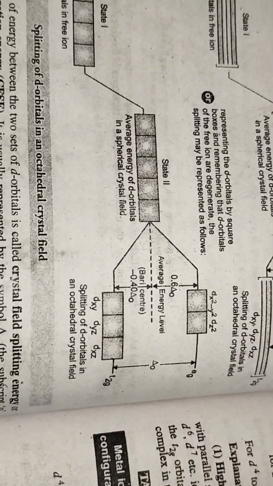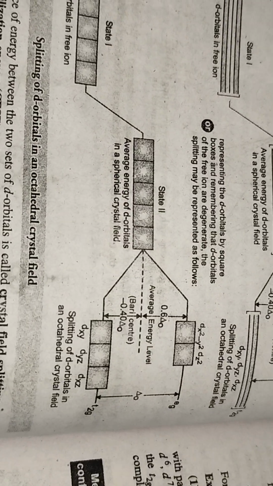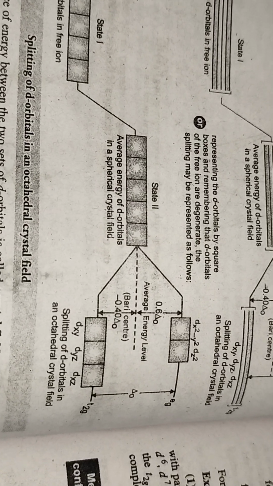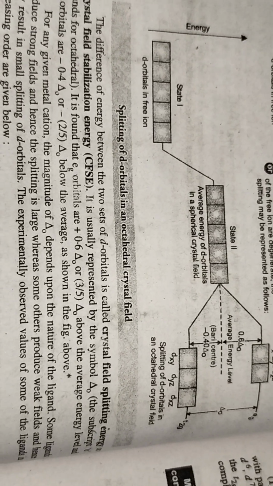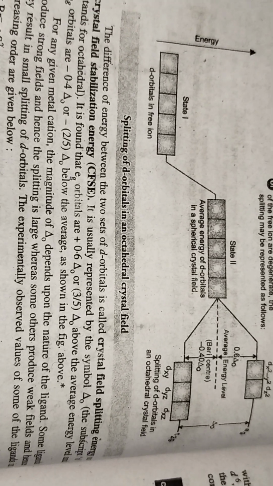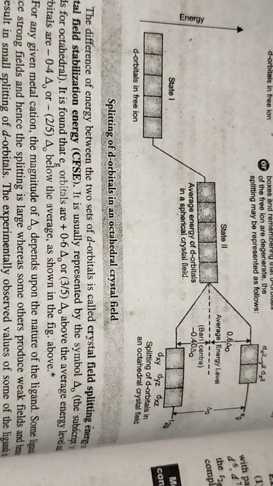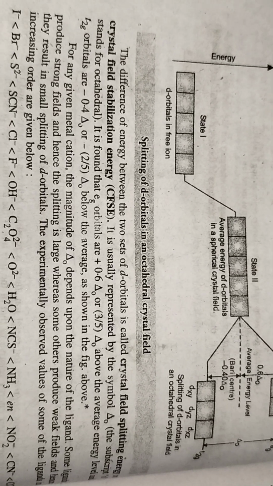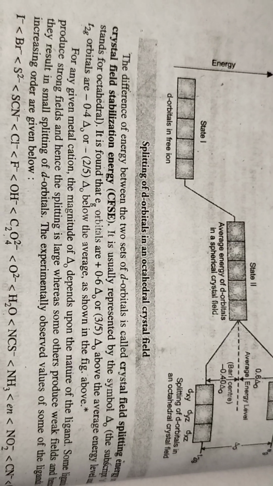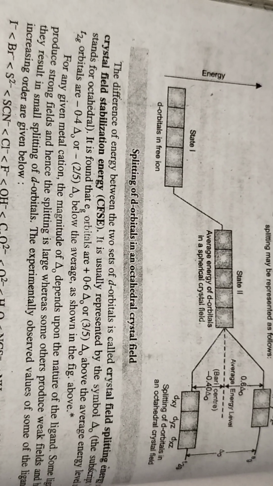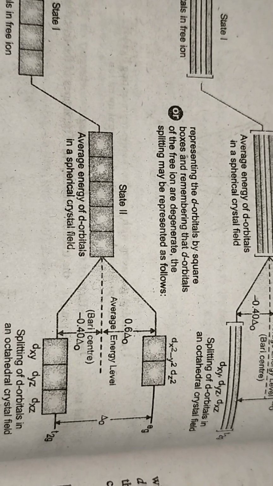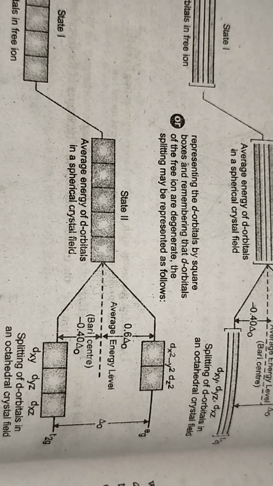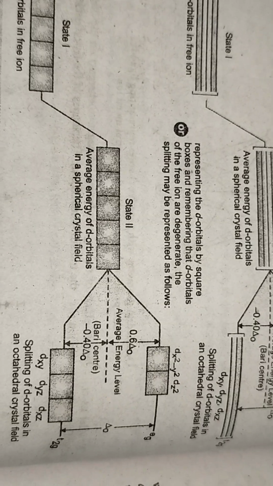And the energy gap between Eg and T2g is delta O. Delta O is named the crystal field splitting energy. It is usually represented by delta O, and you can see here the barycenter, which has the value of 0.